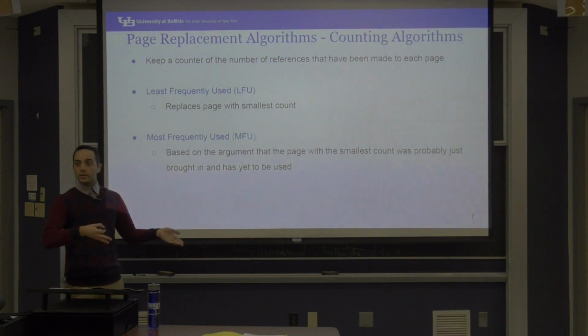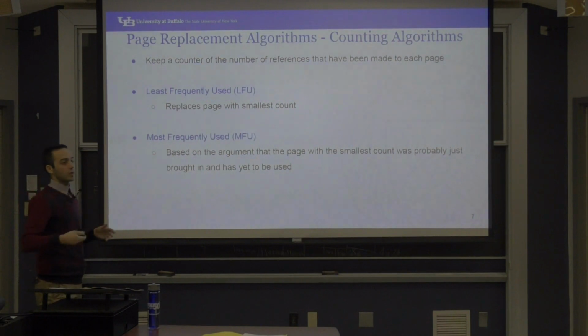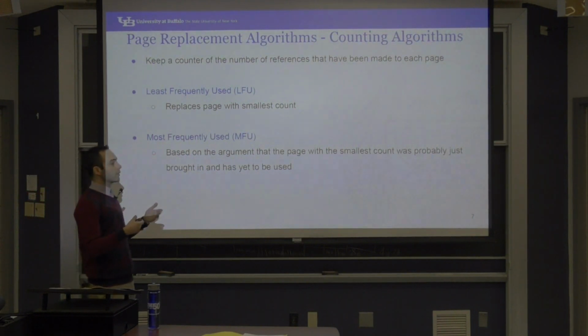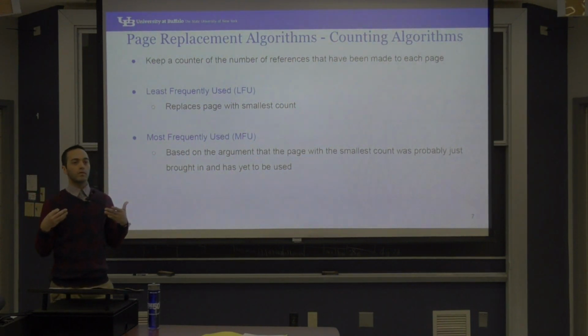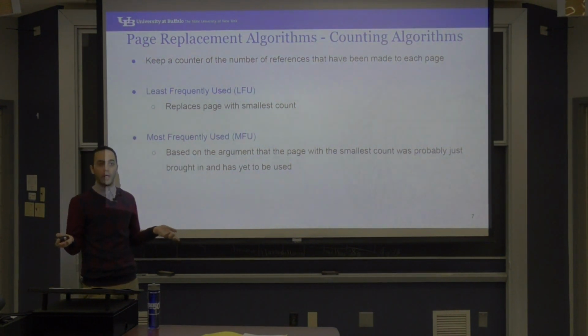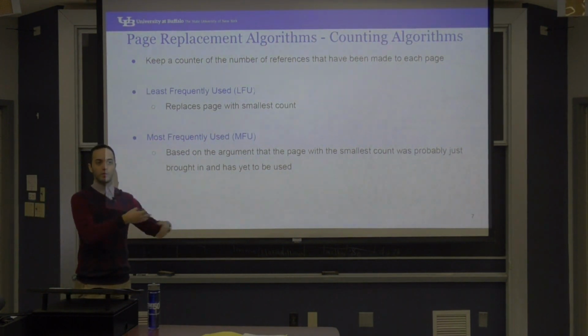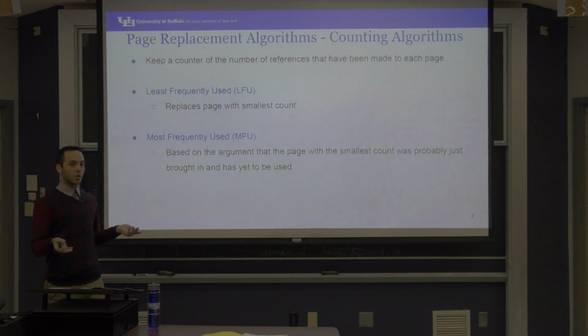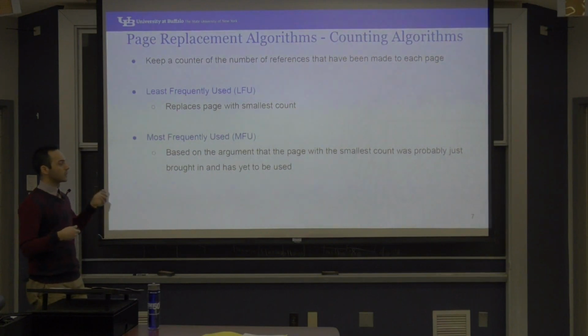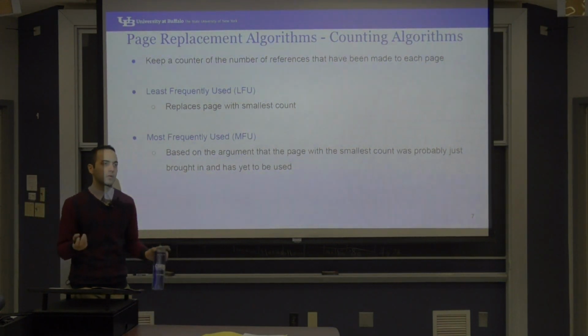On the other hand, the same type but with a different argument is most frequently used. The idea is, okay, if a page has not been referenced too many times, maybe it's just been brought in new, and it's not good because if we just evict it, then we have to bring it back and keep doing that. So we have to pick the one that has been most referenced. Well, obviously that also has some issues.